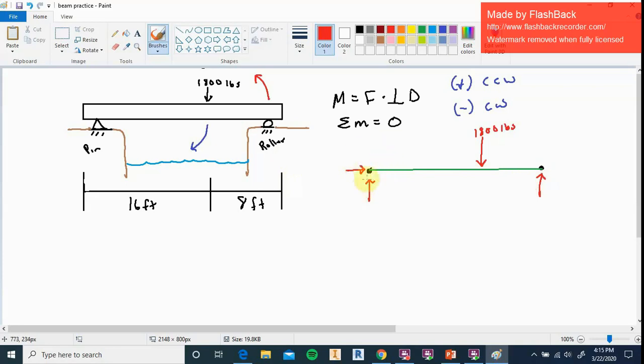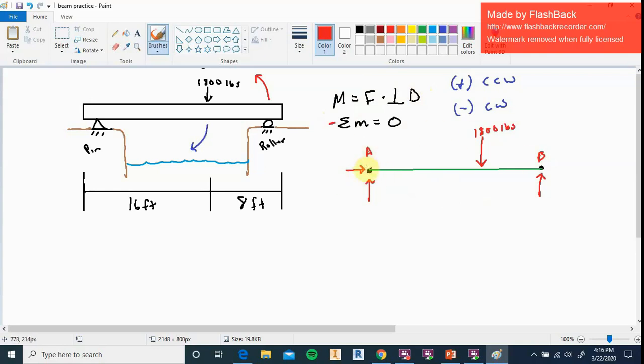Okay, so let's label these things. Let's call that point A. Let's call this point B. And now we can go ahead and get started with using our equation here. The sum of the moments equals 0, knowing that a moment is a force times a perpendicular distance. We also know that point A is the point of rotation.